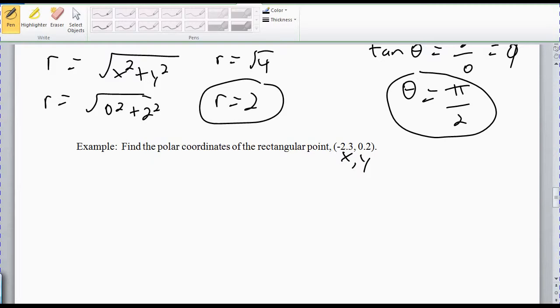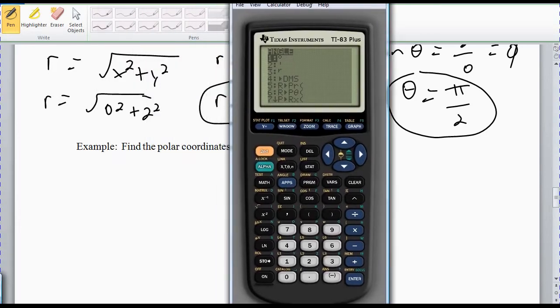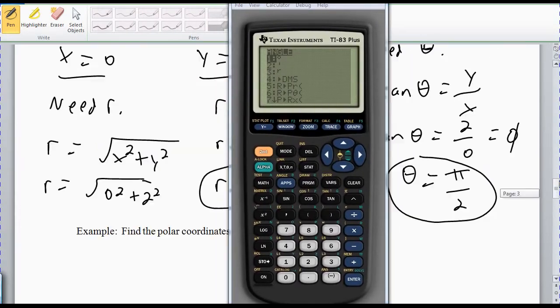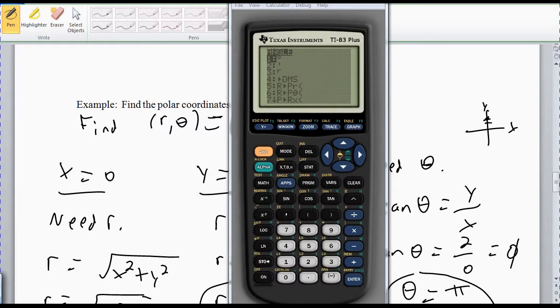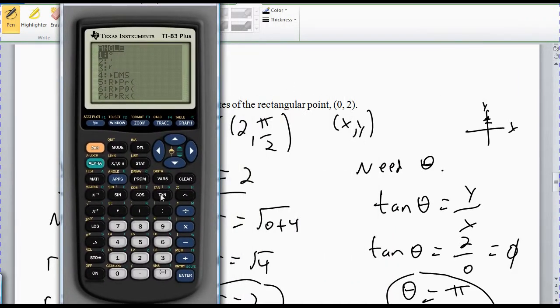Well, what I was going to show you was, if you go back to your calculator, you can actually look under second angle, and you'll see rectangular to polar, finding the r, and rectangular to polar, finding the theta. Let's just go ahead and do it. Can't hurt anything. 0 comma 2.